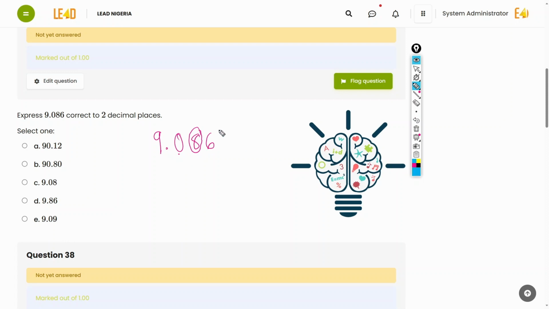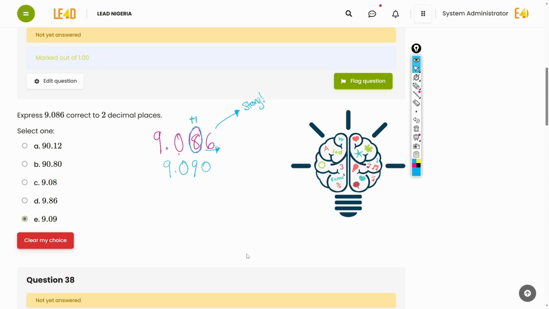The target digit is 8. So we test the next digit 6. Is it a strong or a weak digit? It is strong. So we add 1. 9, 0, 9, okay. And then, of course, the digit this way becomes 0. So 9.09. E.